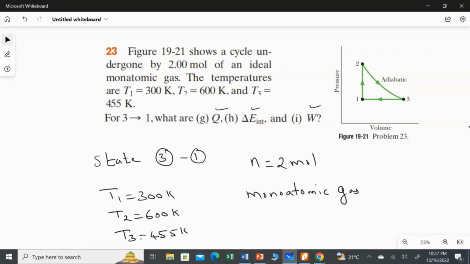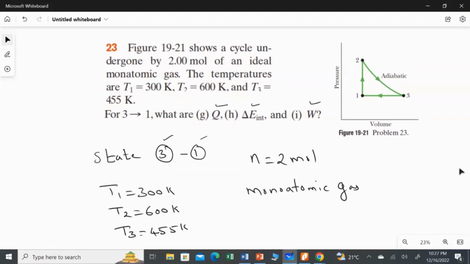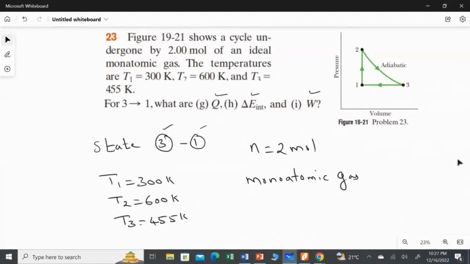So we have to identify what process takes place in this figure. From point 3 to 1, because we are going to consider the state from 3 to 1. If you look at the x-axis, the volume is changing. If the volume is changing, the process is under constant pressure, as we already studied in the theory class.